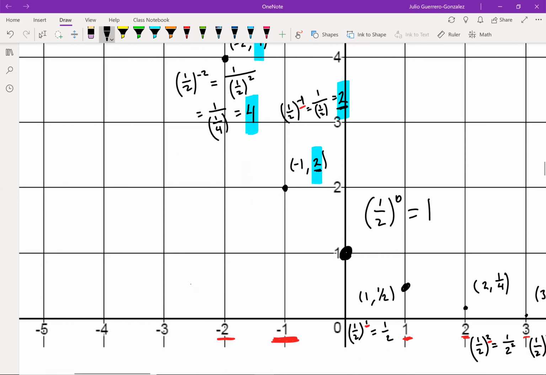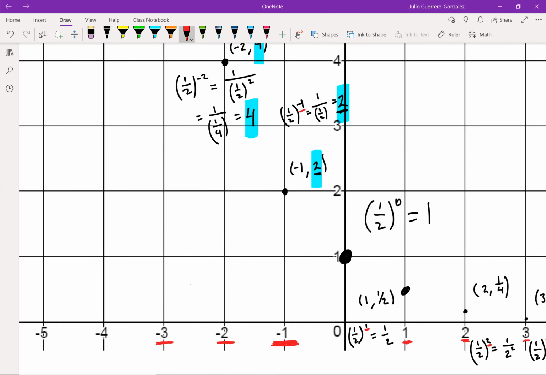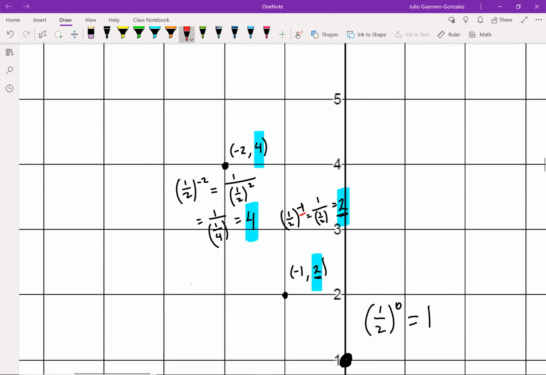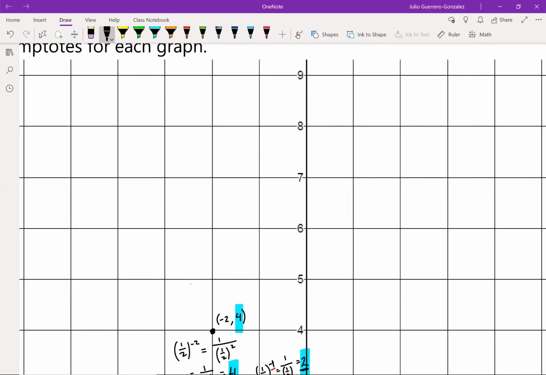And then lastly, we're doing the input of -3. Hopefully you guys see a connection here. You're essentially just doing the same thing you're doing on the other ones.